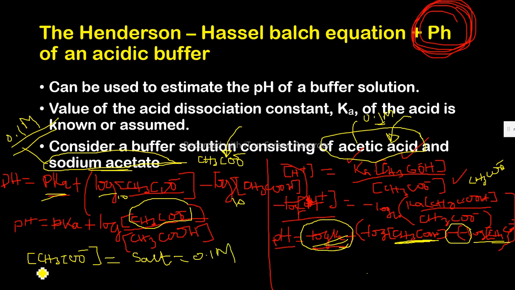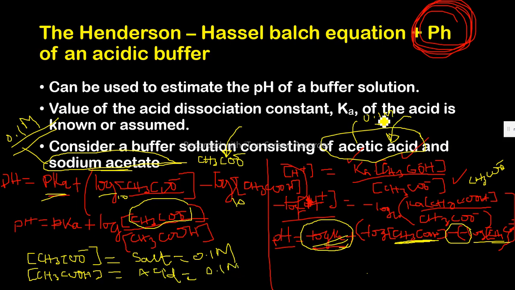Similarly, the concentration of the undissociated acid that will remain at equilibrium is assumed to be equivalent to the concentration of the acid that was used, which is 0.1 molar also.